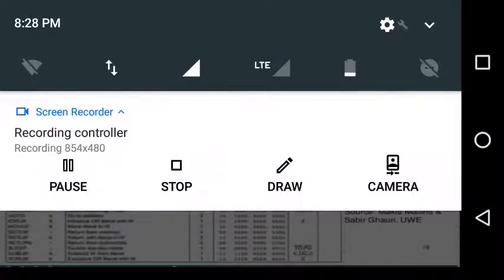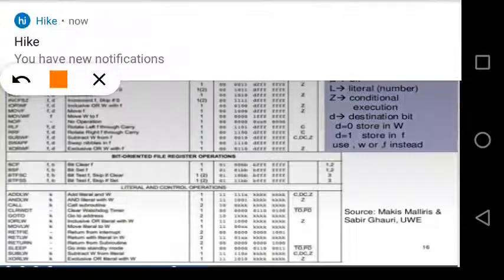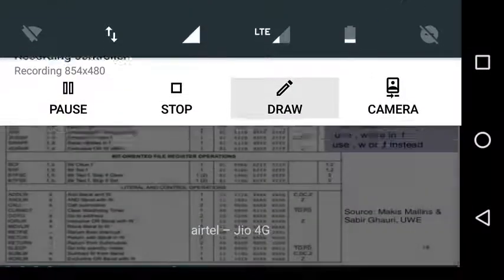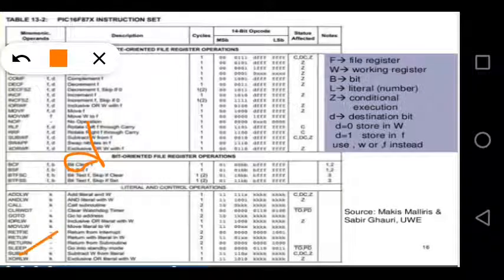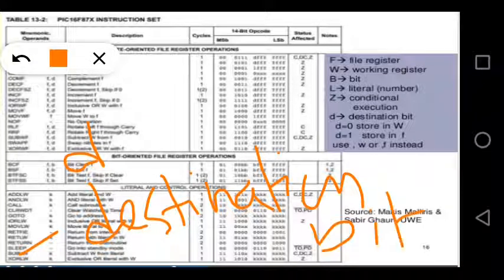Next I have small d, which is referred to as destination. Small d stands for destination bit.